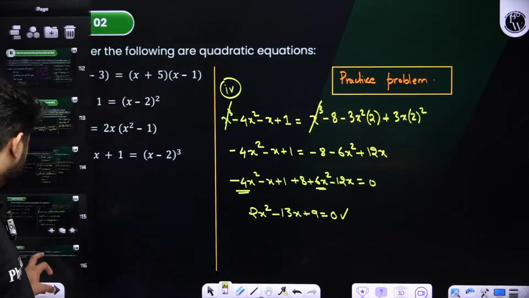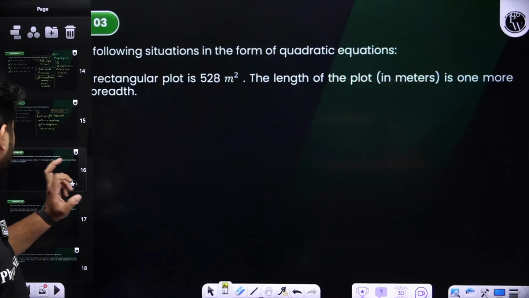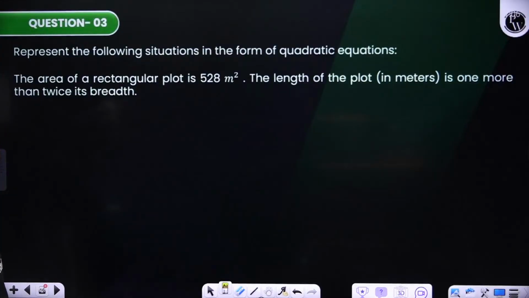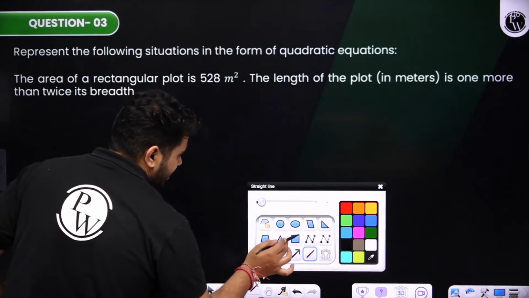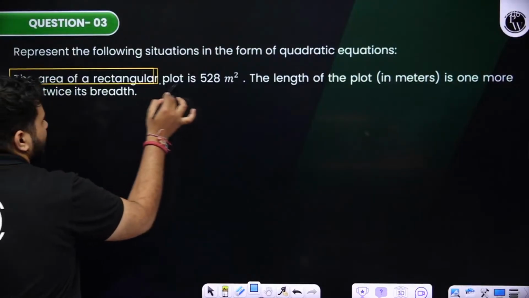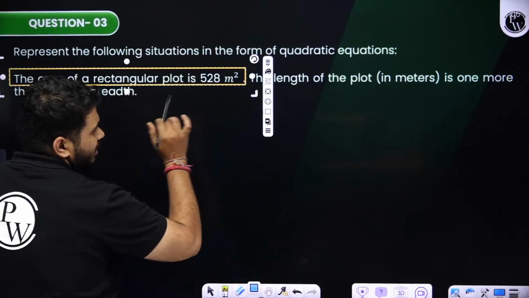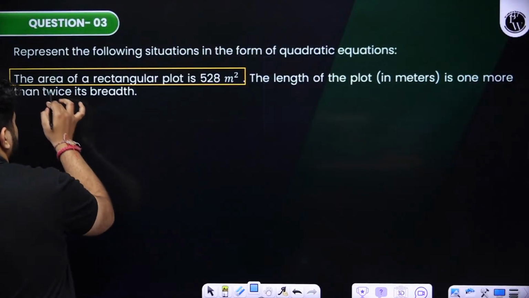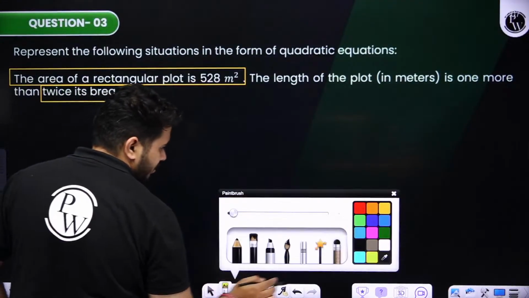Done. Next problem, if you see over here, represent the following situation in the form of quadratic equation. Clear, simple. They are telling that the area of the rectangular plot is 528 meters square. The length of the plot is 1 more than twice the breadth. Correct? So now what do we do?